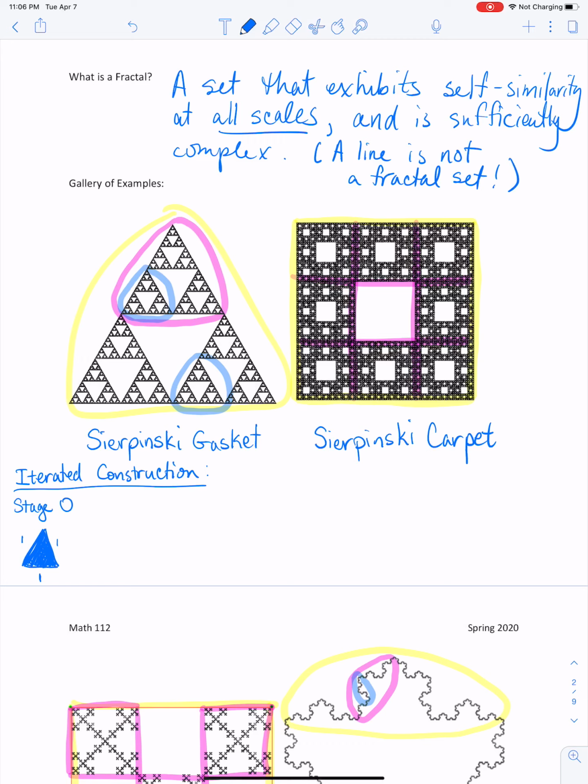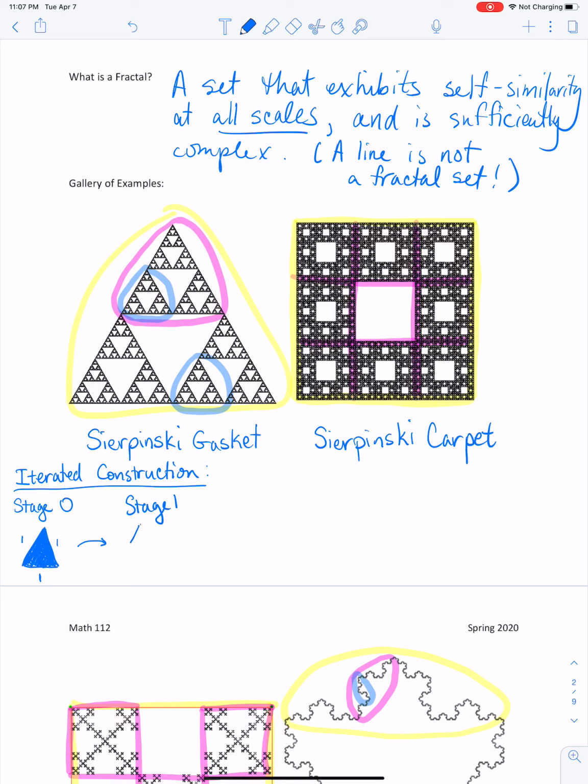So it'll be just an equilateral triangle. Okay, in the next stage, there are 2 ways to think about moving from stage 0 to stage 1. The first way is to shrink this triangle by a factor of 1/2 and put 3 copies of it together.